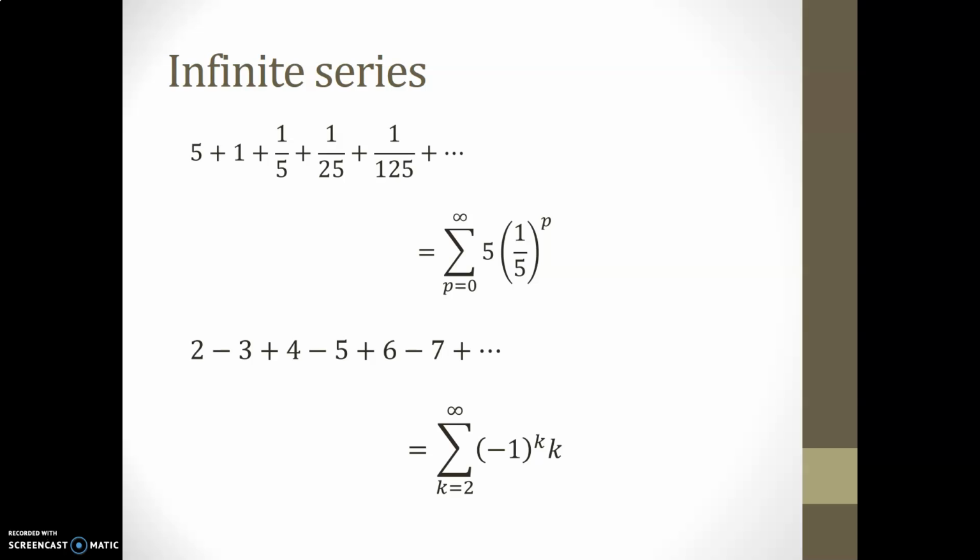It's very rare in our class that we will have to take arbitrary series and express them in sigma form. So what I would expect you to be able to do is, if the sigma form is given, to expand it as a sum.